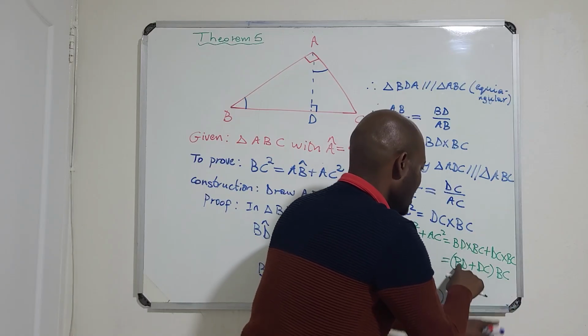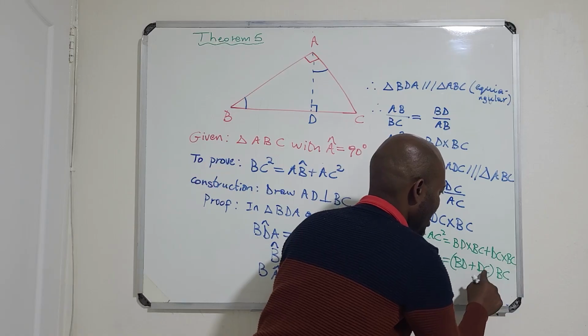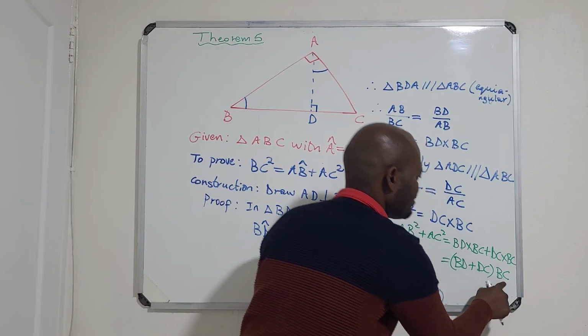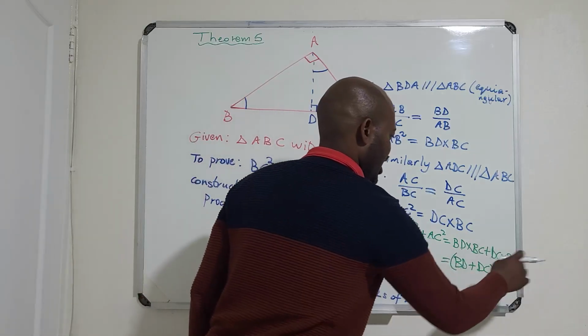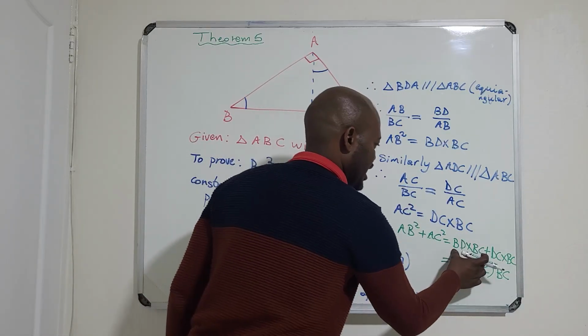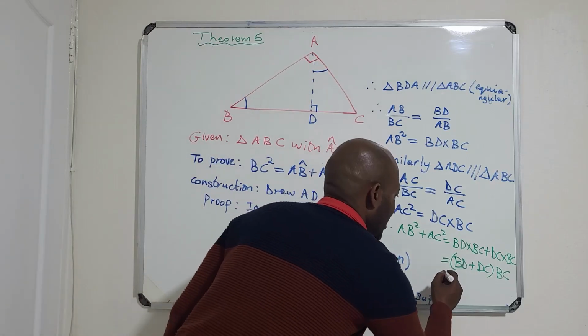In this term, I'm left with BD plus, in this term, I'm left with DC. There's my BC. I've factorized this part there. I've taken out BC because it is there and there. Our factorization, we must be good with that.